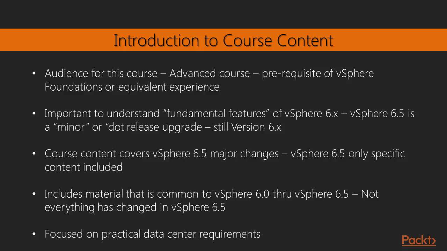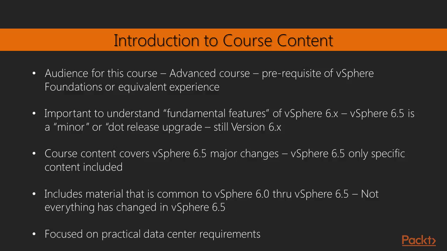A second important point to understand is that vSphere 6.5 is a minor or a dot release upgrade, but it is still version 6.x. When vSphere was released, it was version 6.0. There were some updates, came up to vSphere 6.0 update 2, and then vSphere 6.5 was released in late October of 2016.